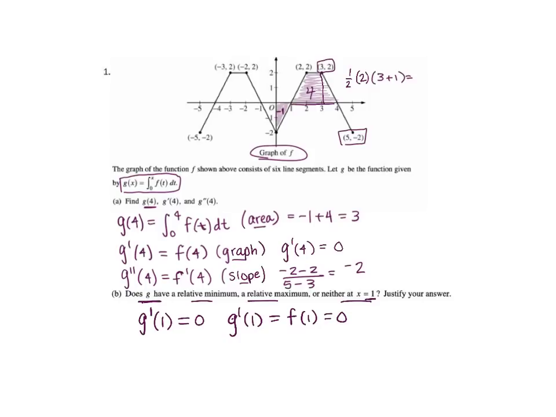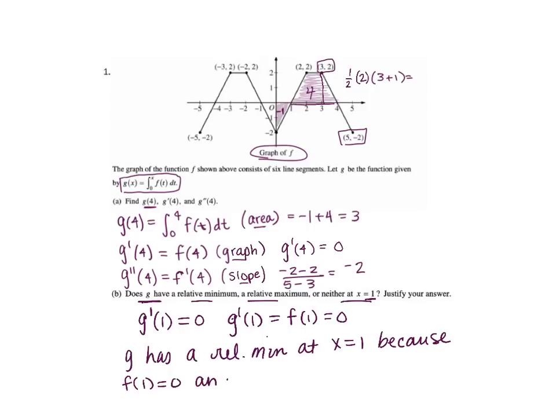So we can say that g has a relative minimum at x equals 1 because g prime at 1 equals 0, and f changes sign, and we're looking at a positive to a negative, or a negative to a positive, in this case from negative to positive. And that's all the reasoning that you need to put there.